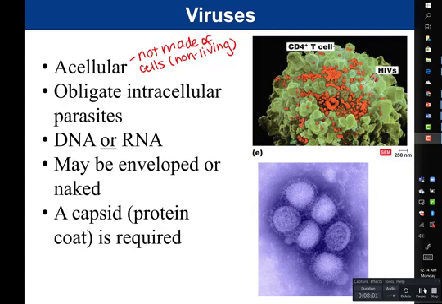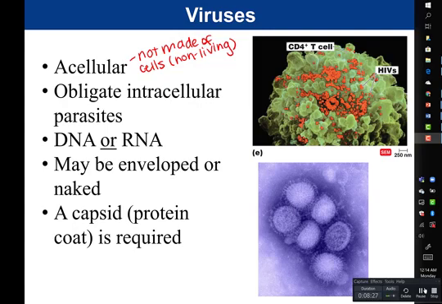Viruses, on the other hand, can store their genetic information as RNA. For example, coronavirus, right? The one that's causing COVID, that is a RNA-based virus. Influenza is an RNA-based virus. So they have a different type of genetic makeup. They don't store genetic information as DNA. Instead, they store it as RNA.